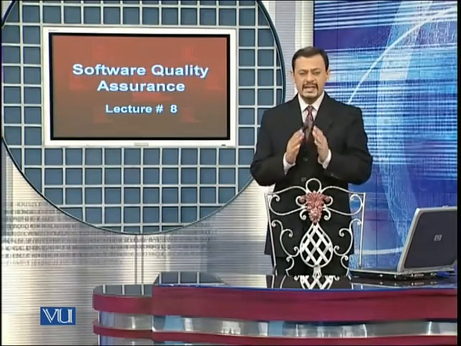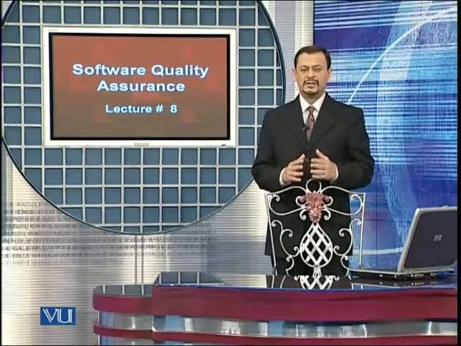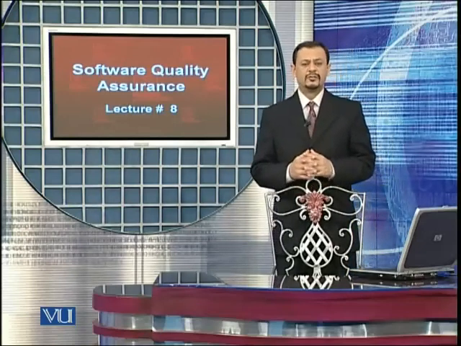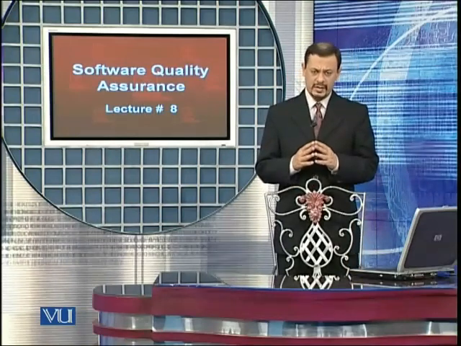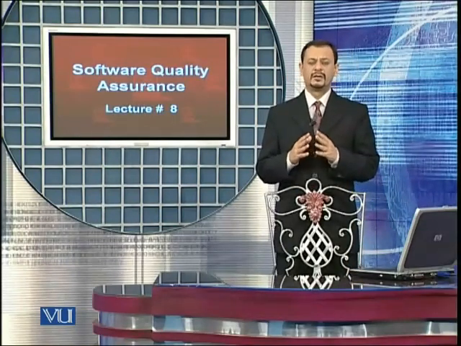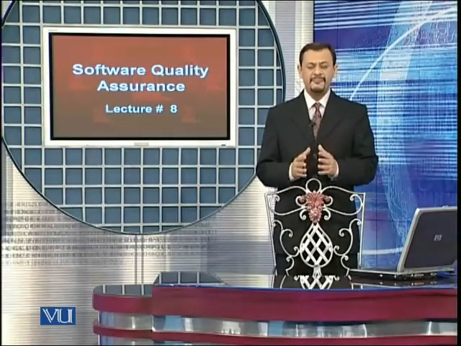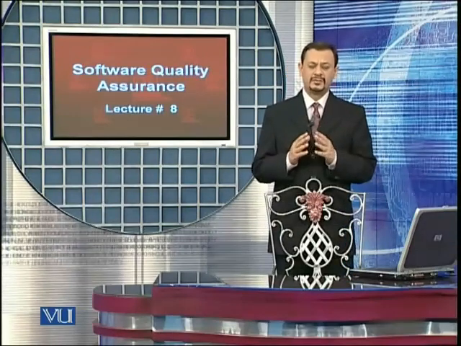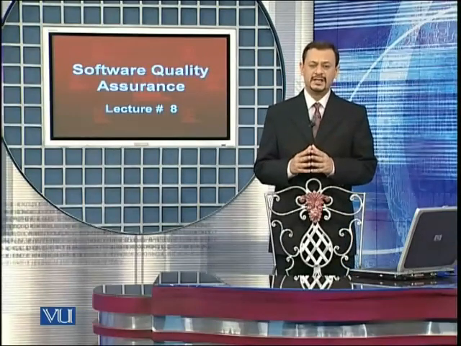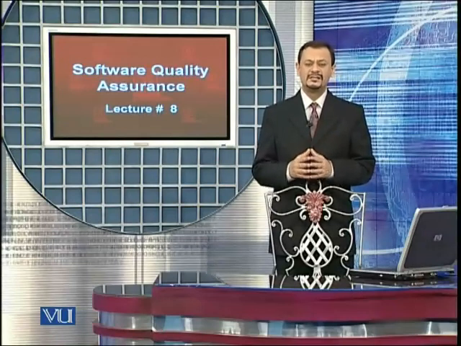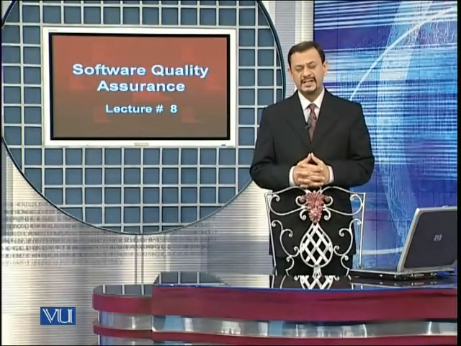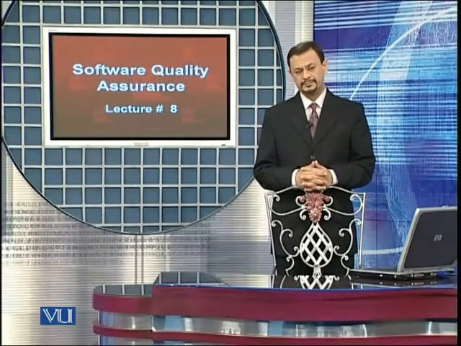And so each step, from elicitation to analysis and negotiation, from requirement to requirement specification, requirements validation, requirements management, everything has to be done with a high quality perspective. It has to be done in such a way that it meets the highest possible quality standard set for that particular project.